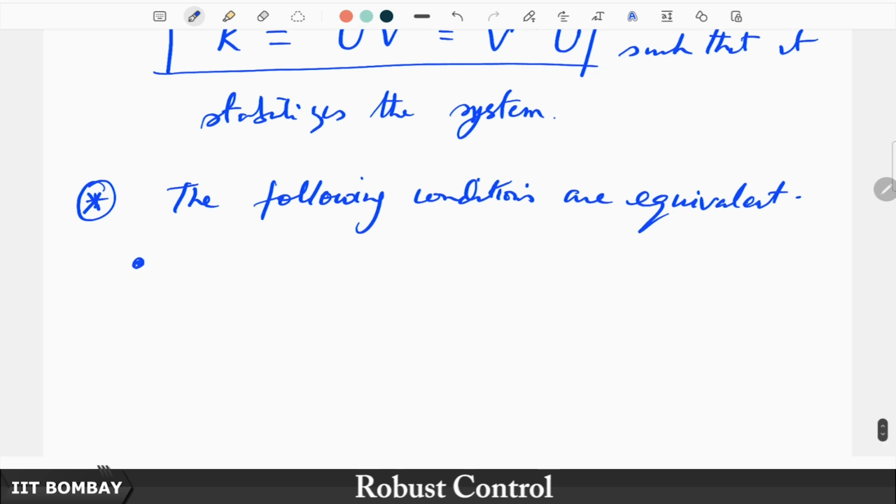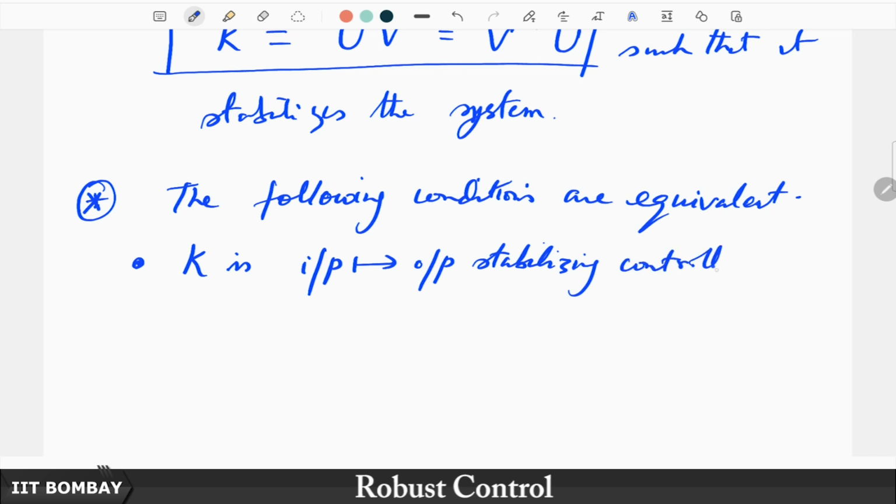First condition says that K is an input to output stabilizing controller for G22 in the figure above.